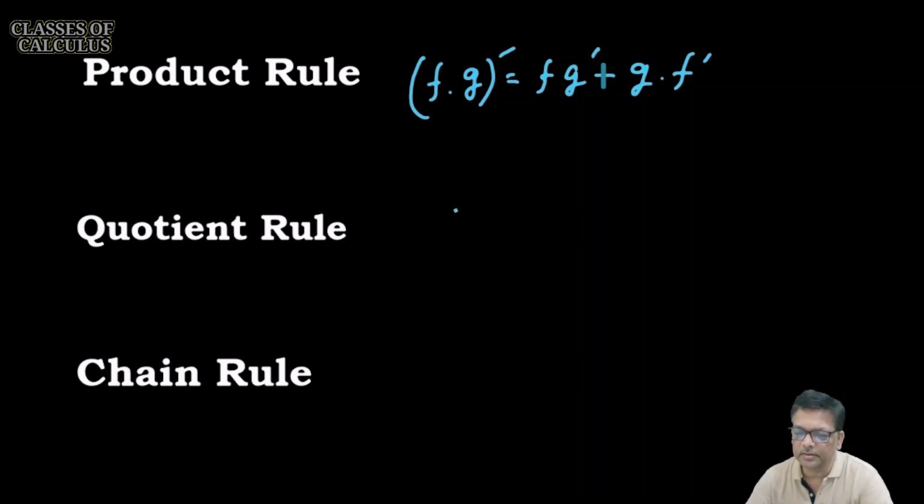Next is the quotient rule. Just like the product rule, you have to take two functions here.